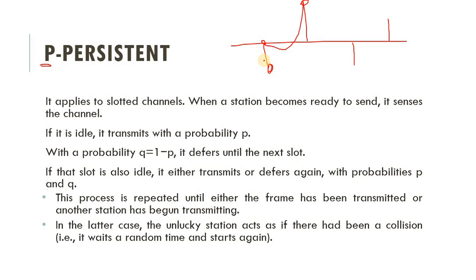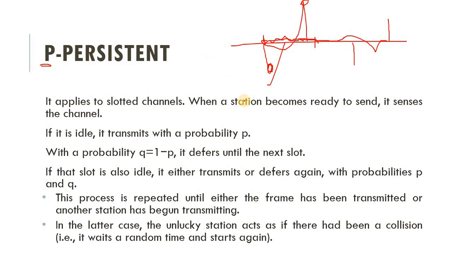As I said, suppose here this node finds the channel is free and starts sending data, and at this point another node also starts sending data on this channel, but at this point the data is mixed up and collides. Suppose at that time the collided signal is traveling and reaches the first node, and then this node finds that the data has collided.